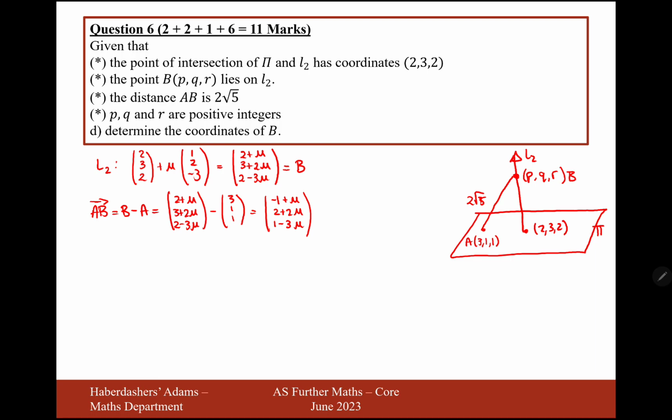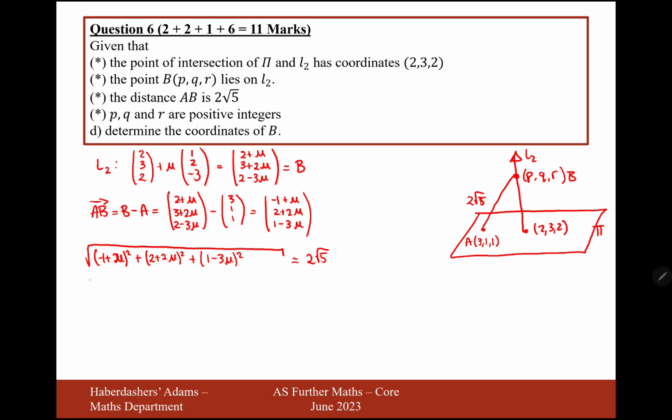Now the next thing I need to do is calculate the magnitude of this vector. So it's going to be the square root of (-1 plus mu) squared, add (2 plus 2 mu) squared, add (1 minus 3 mu) squared, and that magnitude is 2 root 5. First thing I'm going to do is square everything to get rid of that big square root and open up all of these brackets.